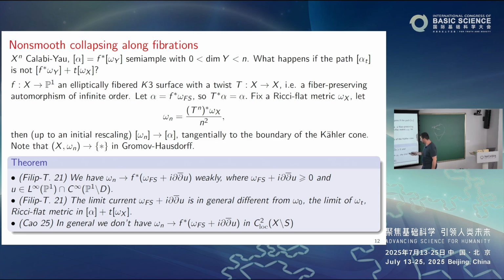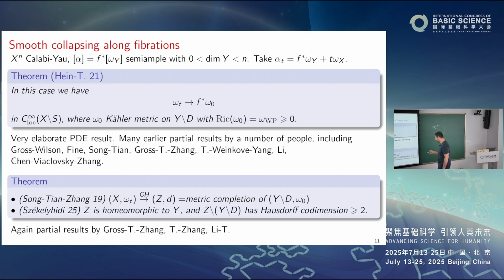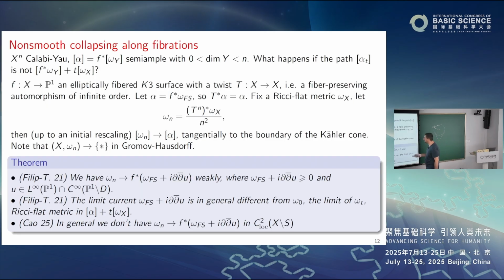That's not good news because in the previous theorem, the Gromov-Hausdorff limit is something on P1, right? It's homeomorphic to P1. And also with Simeon Philip, we proved some years ago that you can take a limit in a weak sense, so-called as currents. The limit is the pullback from P1, you can call this omega 0, but I use a different notation.